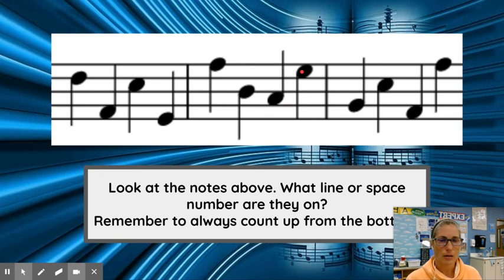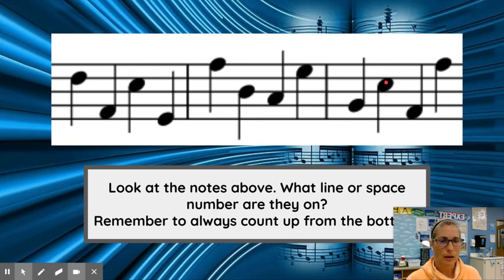Let's look at this one. Line or space, count up from the bottom, and you'll notice that that is on the fourth space, so space 4. Line or space, count up from the bottom, and this note is on line 2.